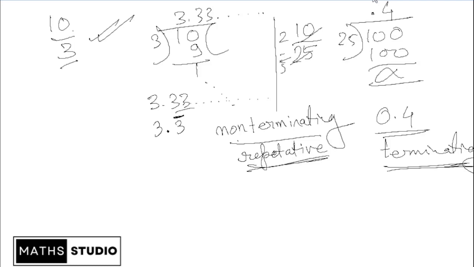If you divide 2 by 5 you will get the same thing, that is 0.4. So for a rational number the quotient has to be either repetitive or terminating. So these are known as rational numbers. But in case the quotient is not terminating and not repeating either, then those numbers are known as irrational numbers.